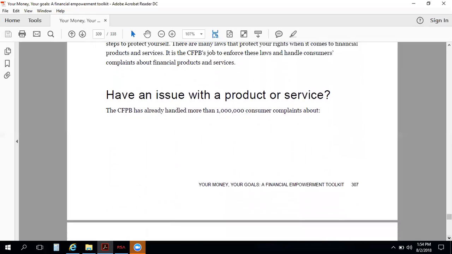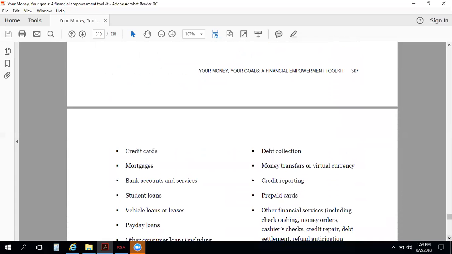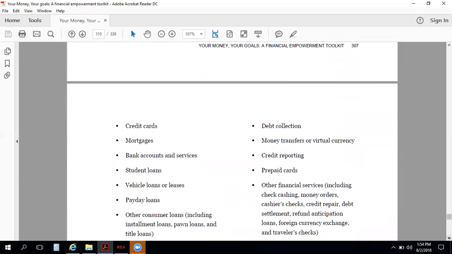Talks about how the Consumer Financial Protection Bureau has already handled more than 1 million consumer complaints about things like credit card companies, mortgages, banks, accounts and services, student loans, payday loans, vehicle loans or leases, debt collection, prepaid cards or other financial services.